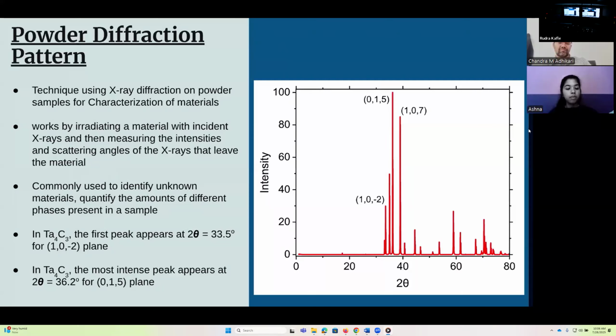In tantalum-4 carbon-3, the first peak appears at 2 theta equal to 33.5 degrees for the 1, 0, negative 2 plane, shown in the diagram on the right. In tantalum-4 carbon-3, the most intense peak appears at 2 theta equal to 36.2 degrees for the 0, 1, 5 plane in the diagram on the right.